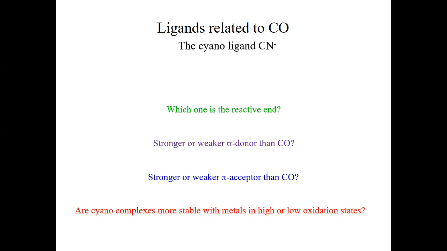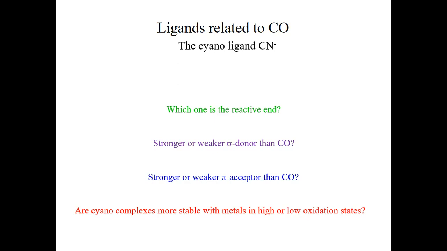Would it be more stable with the higher oxidation states? Yeah, so in this case, the cyano ligand acts differently. It likely makes stable complexes with metals in positive oxidation states. Again, the most simple explanation is electrostatic. The cyano ligand is anionic, so there's Coulomb attraction between a cyano ligand and a metal in a positive oxidation state.